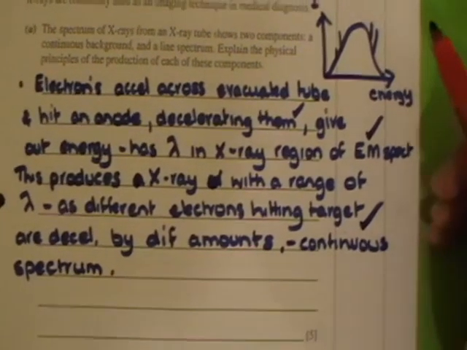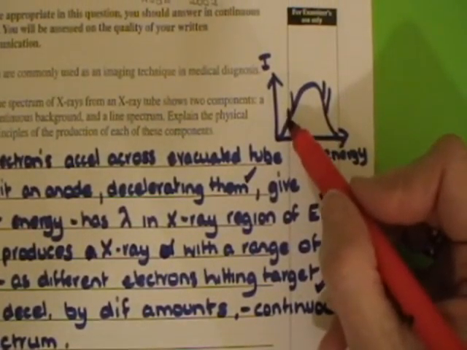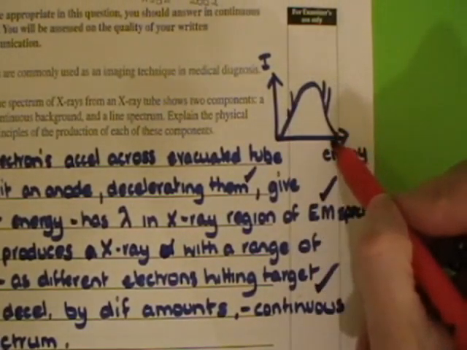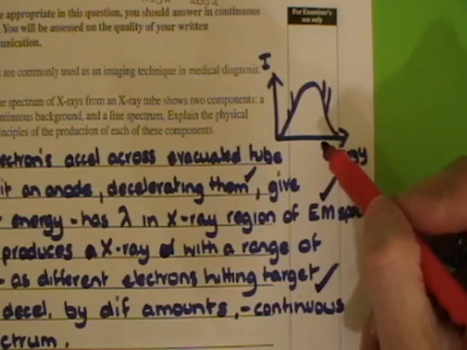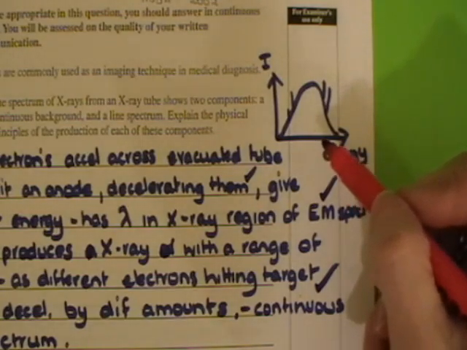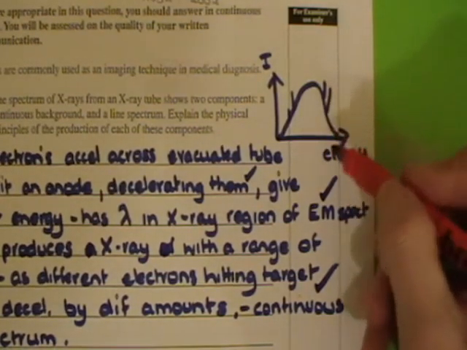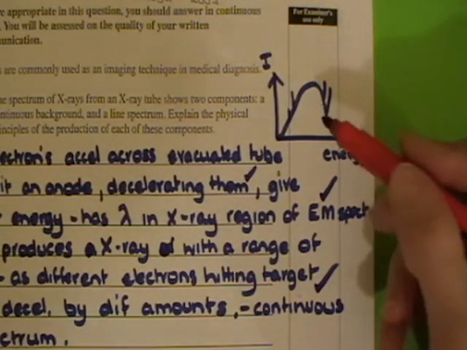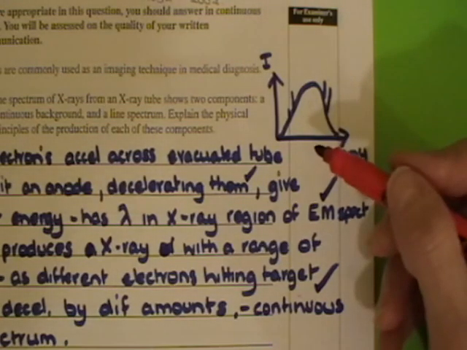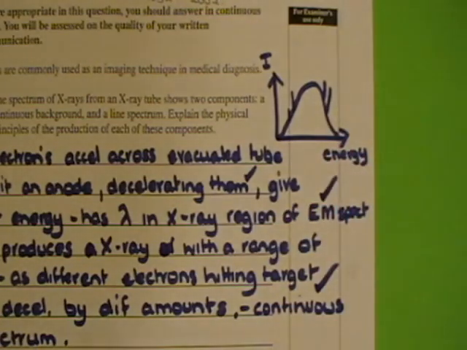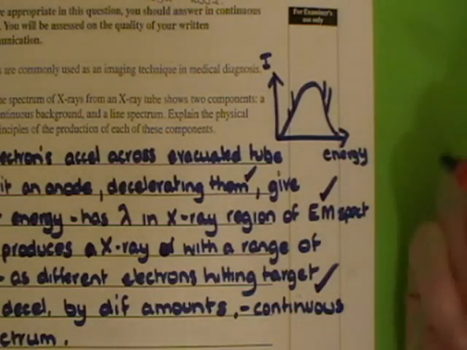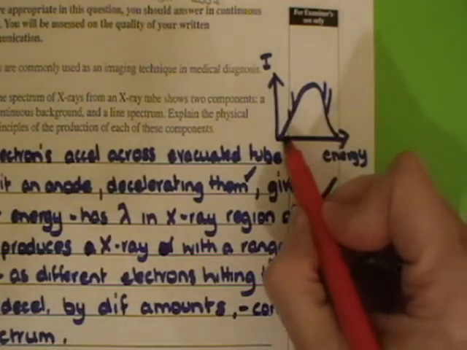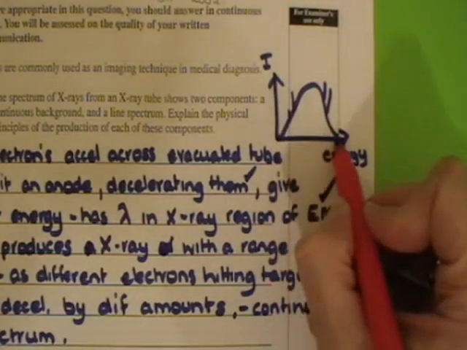Now, this is what happens when you have electrons going across a tube and hitting the anode. They have the same amount of energy when they leave the cathode, but when they hit the anode, they give up different amounts of energy. And when they do that, if there's different amounts of energy available to create X-rays, then those X-rays are going to have different amounts of energy themselves, and so they can have energy from here to here.